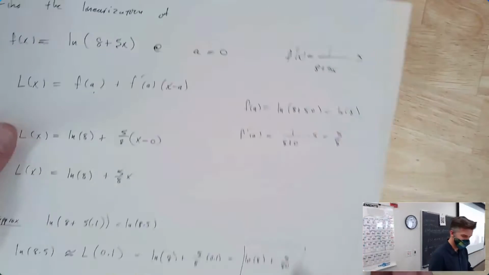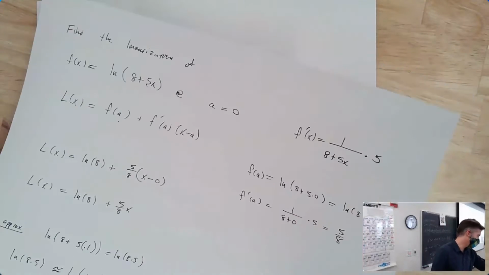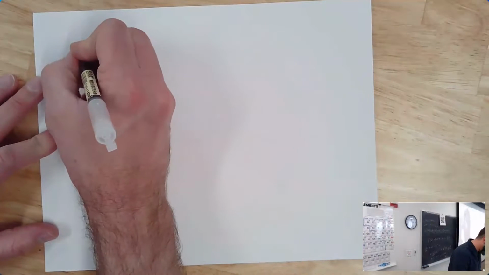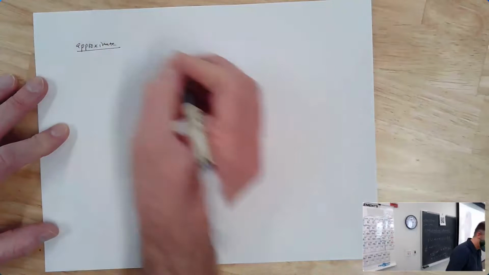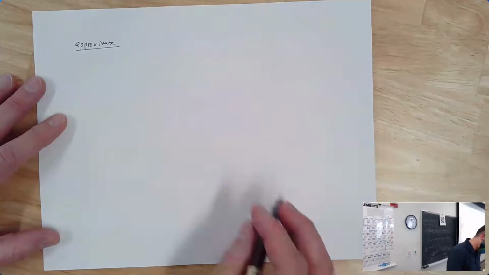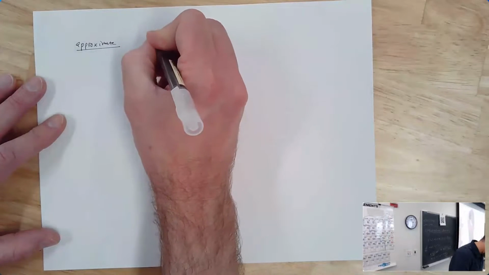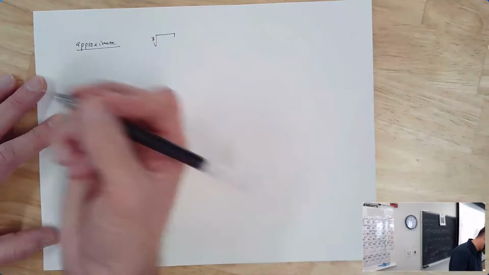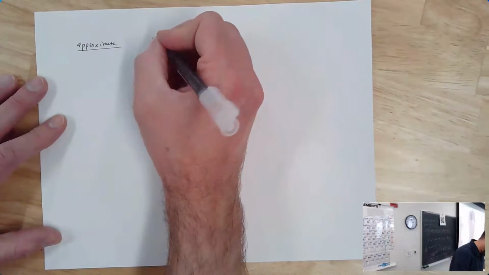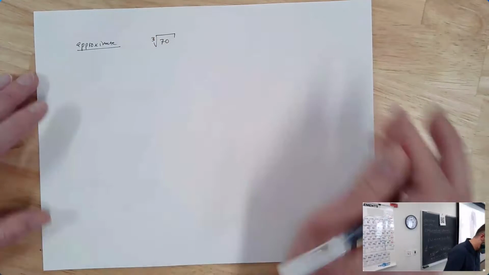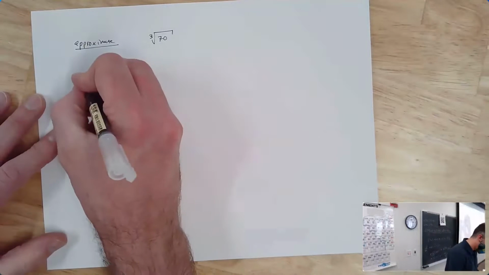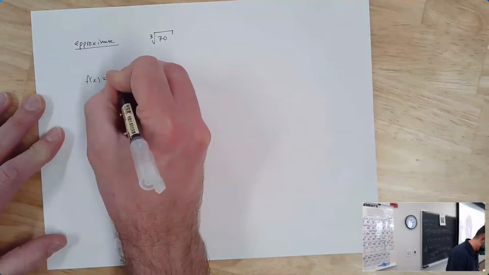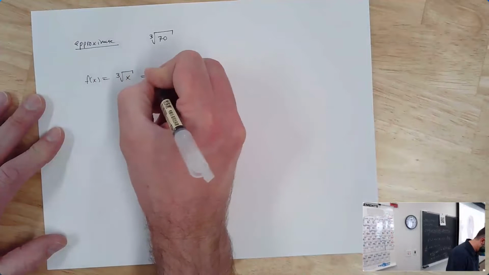So just as one last example, let's say we're trying to approximate the cube root of 70. Well, first of all, we know the function. It's the cube root of x, or maybe x to the 1/3.